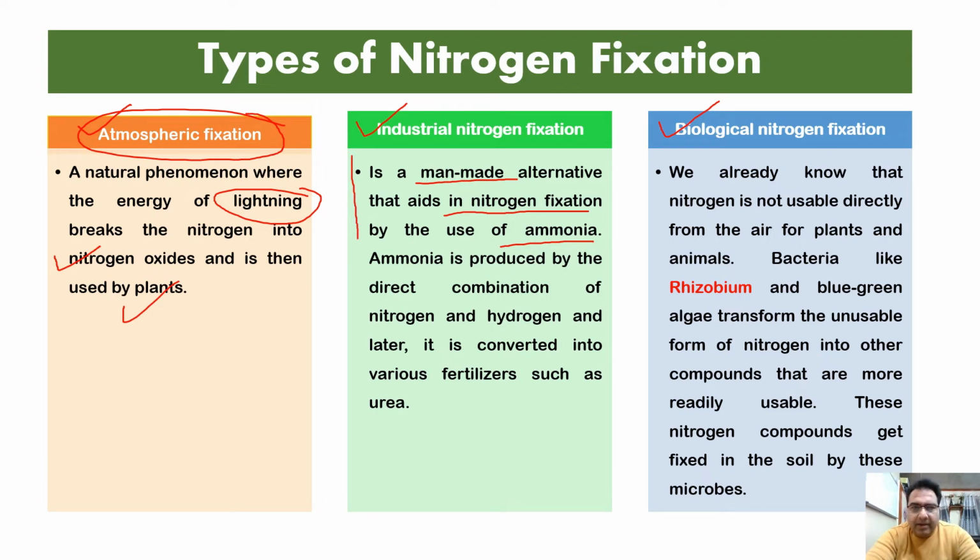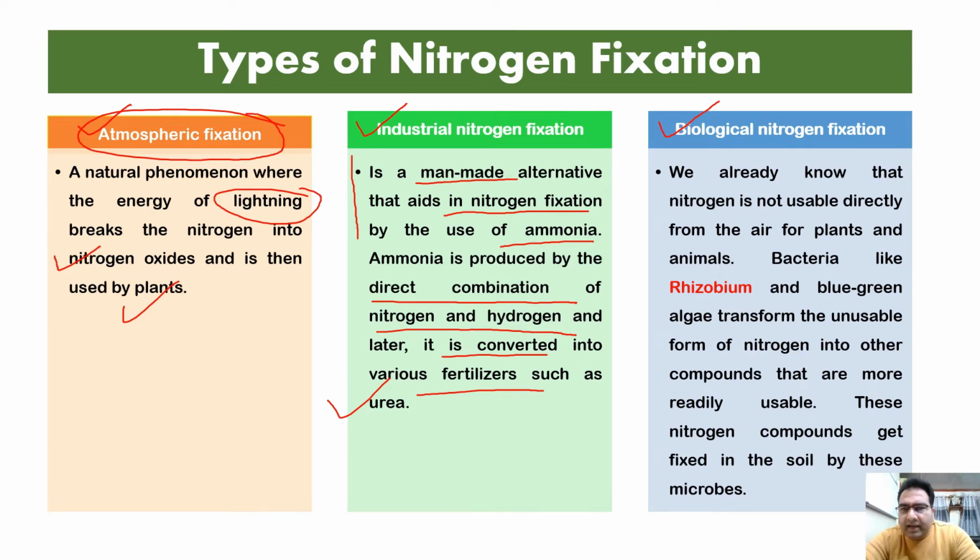In industries, ammonia is produced by the direct combination of nitrogen and hydrogen, and later it is converted into various fertilizers such as urea.